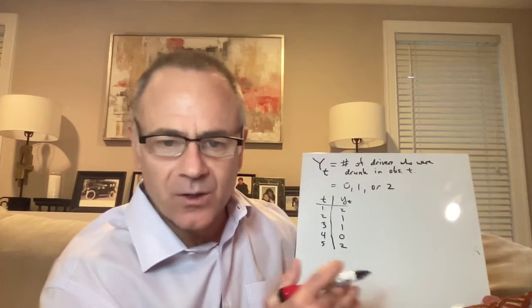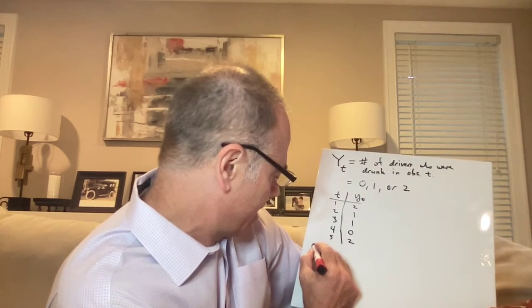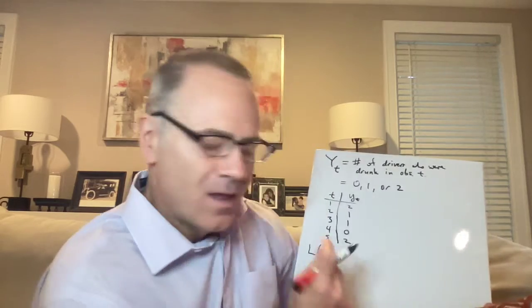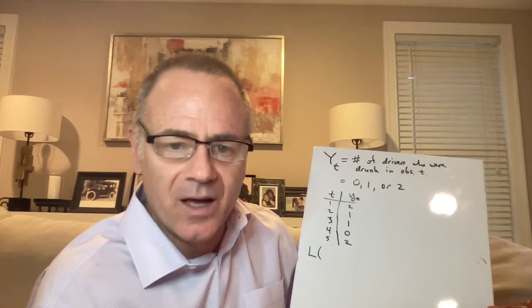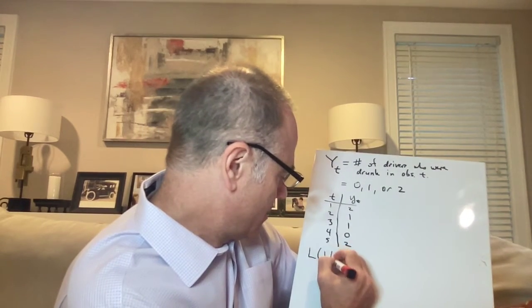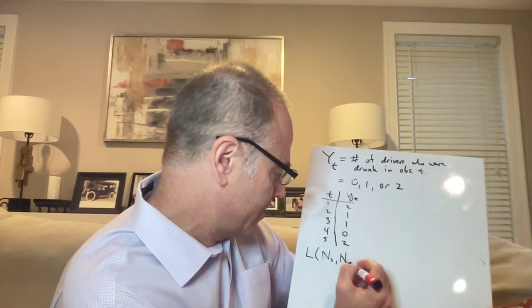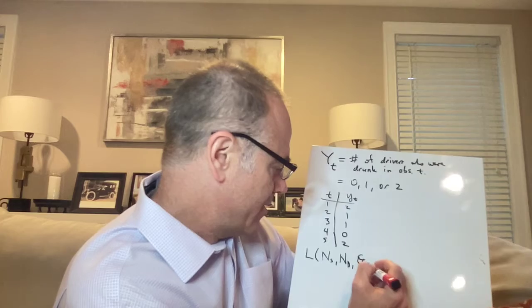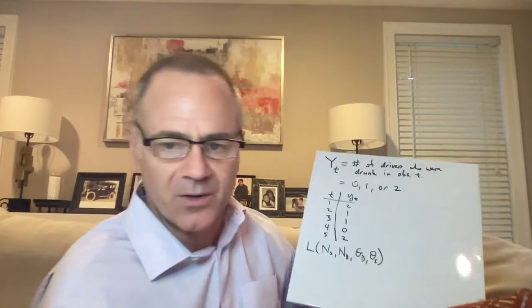If we observe this, then the next thing we do is we're going to have L. I won't put in all the variables, but maybe we will. We're going to have NS, that's the number of sober drivers on the road at that time, ND, theta D, and theta S. Those are going to be our parameters.